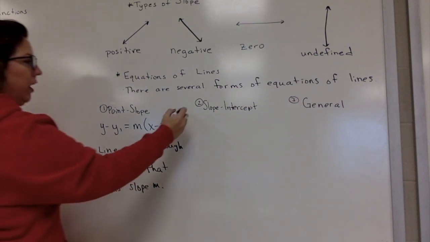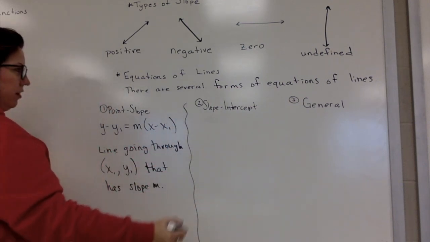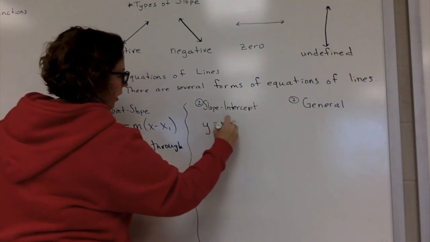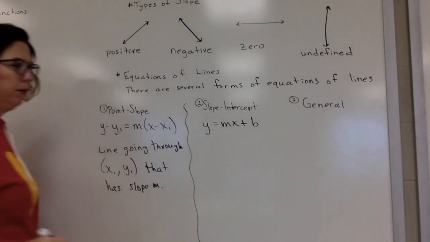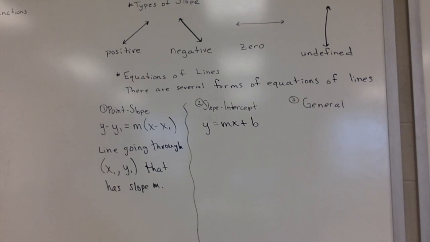Okay, then we have slope-intercept form, and this is the one that is generally the one that people remember. y equals mx plus b.